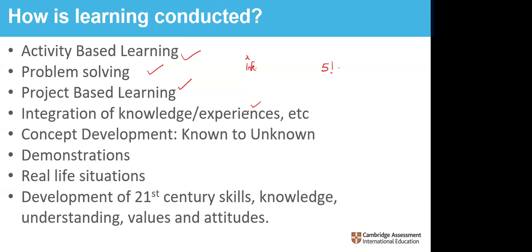In case we have taught these children a given knowledge in physics, we expect that they can apply it in another subject, maybe in math, or something cutting across in geography or other subjects. Then we have concept development, whereby you start from known to unknown. Then we have demonstrations, real life, and other things.